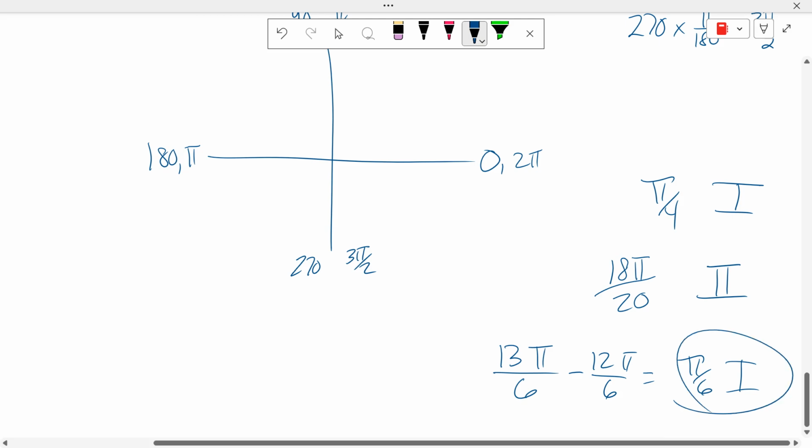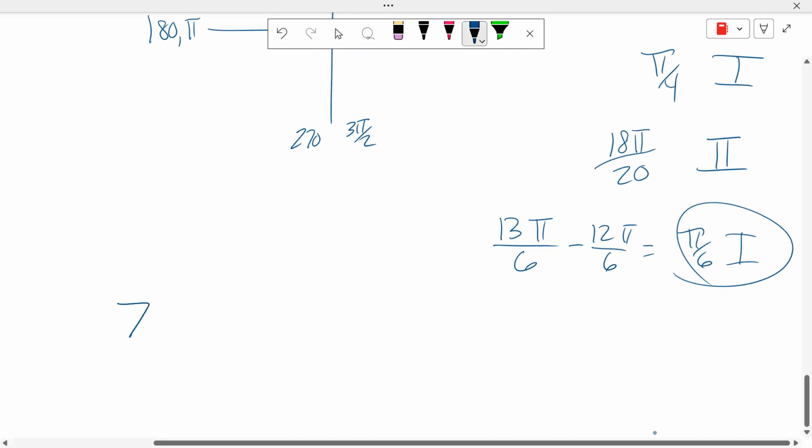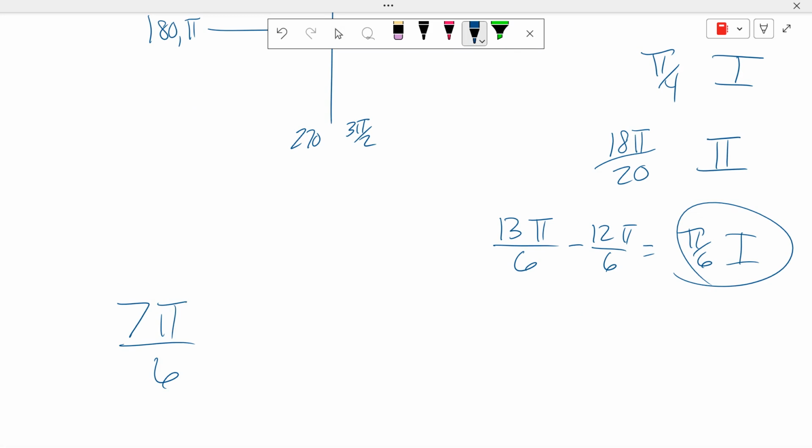Okay? So you're dealing with figuring out what quadrant things are at. Now, what if you're stuck? What if you hit something like 7 pi over 6 and you have no idea where 7 pi over 6 is? What can you do? Change it into degrees. How do we change this into degrees?